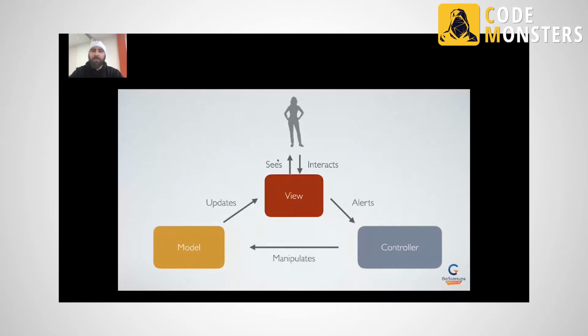The user sees what is on the view and interacts with the view itself. Then the view alerts the controller that something has changed, that the user has made some interaction. The controller manipulates the model, or the data inside the application. When the data has been changed, it needs to update the view so the user sees what is going on there.